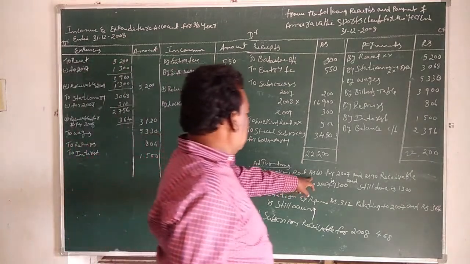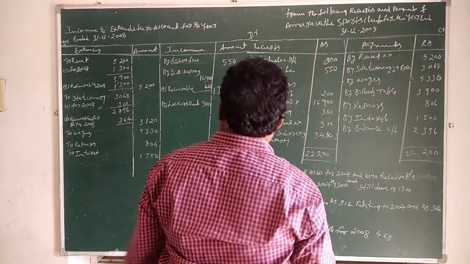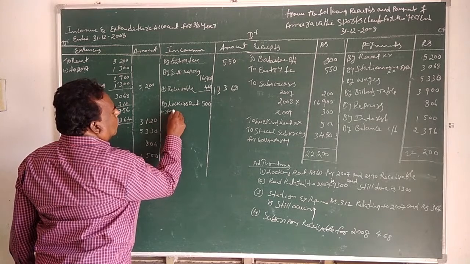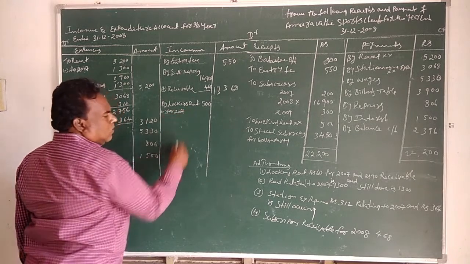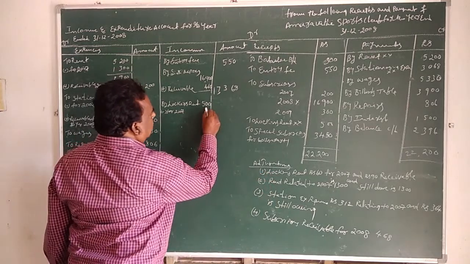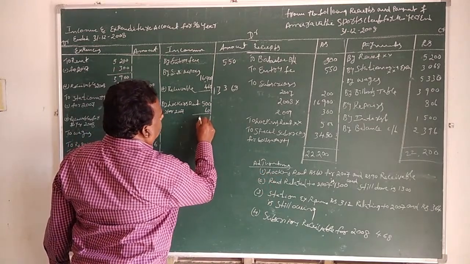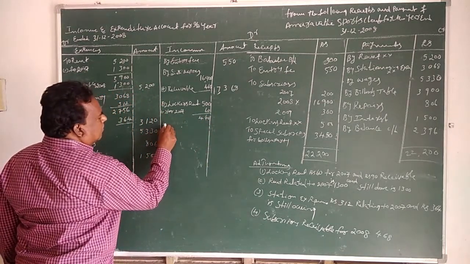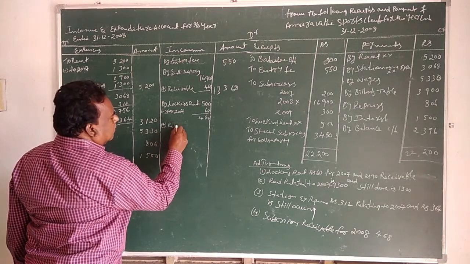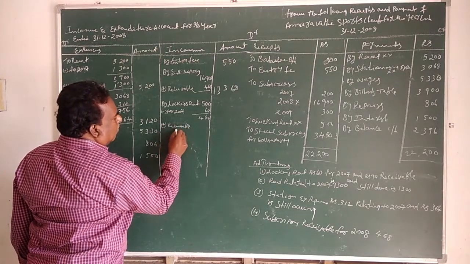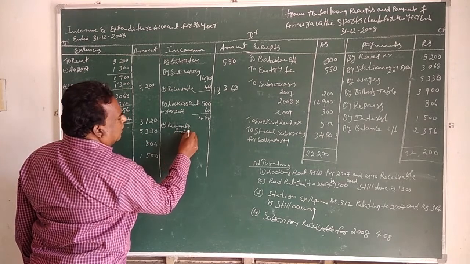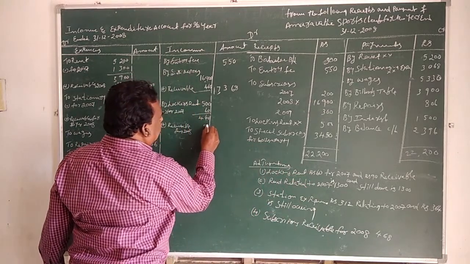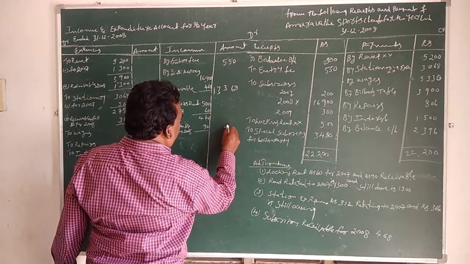Two adjustments: 60 for 2007 and 90 receivable. 500 minus 60 for 2007, that means 440, plus receivable for 2008, total 530 rupees.